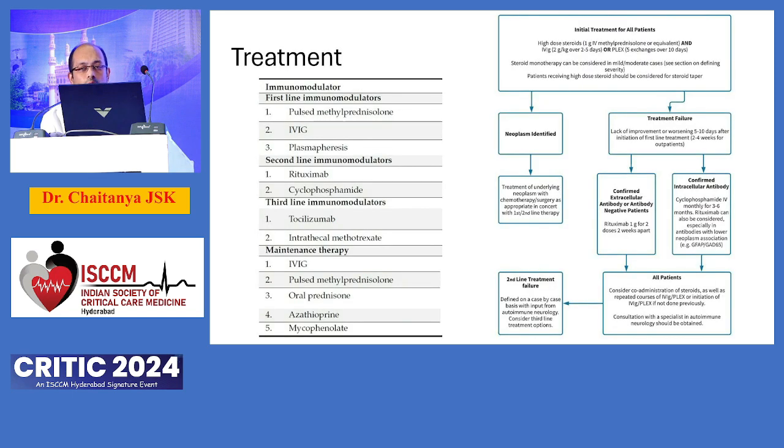So treatment, once we diagnose, depends on what antigen or what antibody we are localizing it to. Intracellular antibodies, especially paraneoplastic, have bad prognosis, and the initial treatment of choice there would be treating the malignancy and drugs like cyclophosphamide or rituximab.